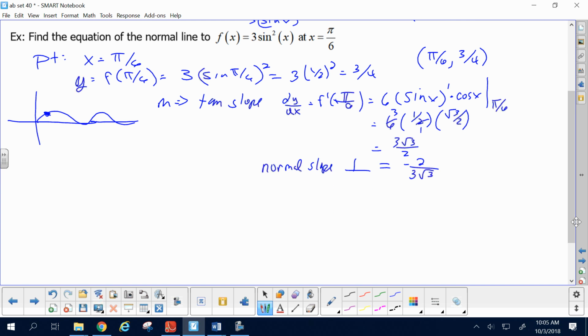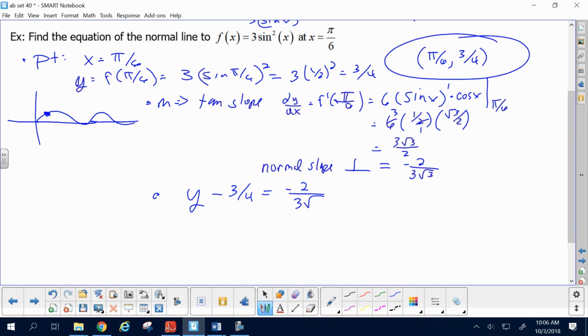Now write your equation. Slope, point, the equation in point slope form is y minus, there's the point, so y minus 3/4 equals the slope, negative 2 over 3 root 3, the opposite reciprocal slope, times x minus pi over 6.